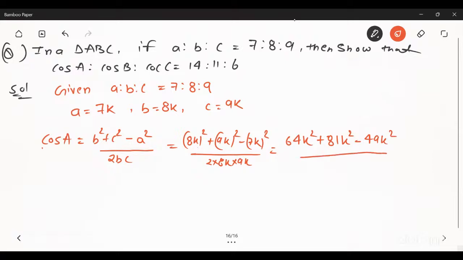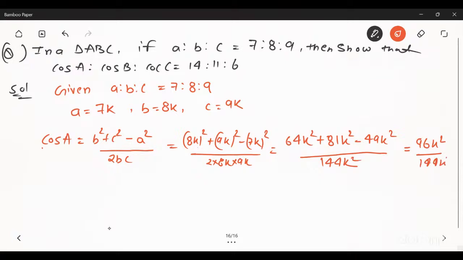you will get 2 times 8 times 9, which is 144k square. Now on solving, 64 plus 81 minus 49 gives 96k square upon 144k square.